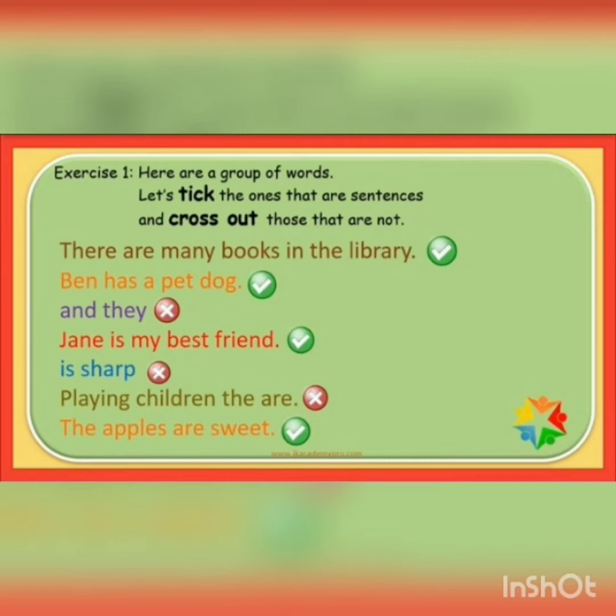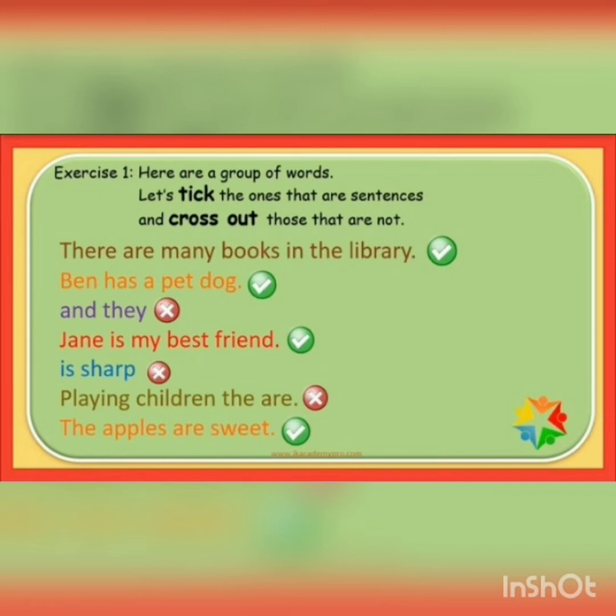Then see some more. And they is sharp. Playing children they are. Here I have given a cross. Why? And they is sharp. Is it giving any meaning? No. Whether it starts with a capital letter and there is a full stop at the end? No. So, it's not a sentence. Then, you may have a doubt. Playing children they are.